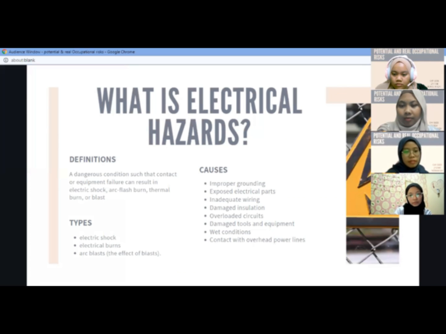There are lots of causes of electrical hazards, such as improper grounding, exposed electrical parts, inadequate wiring, damaged insulation, overloaded circuits, damaged tools and equipment, wet conditions, and contact with overhead power lines.